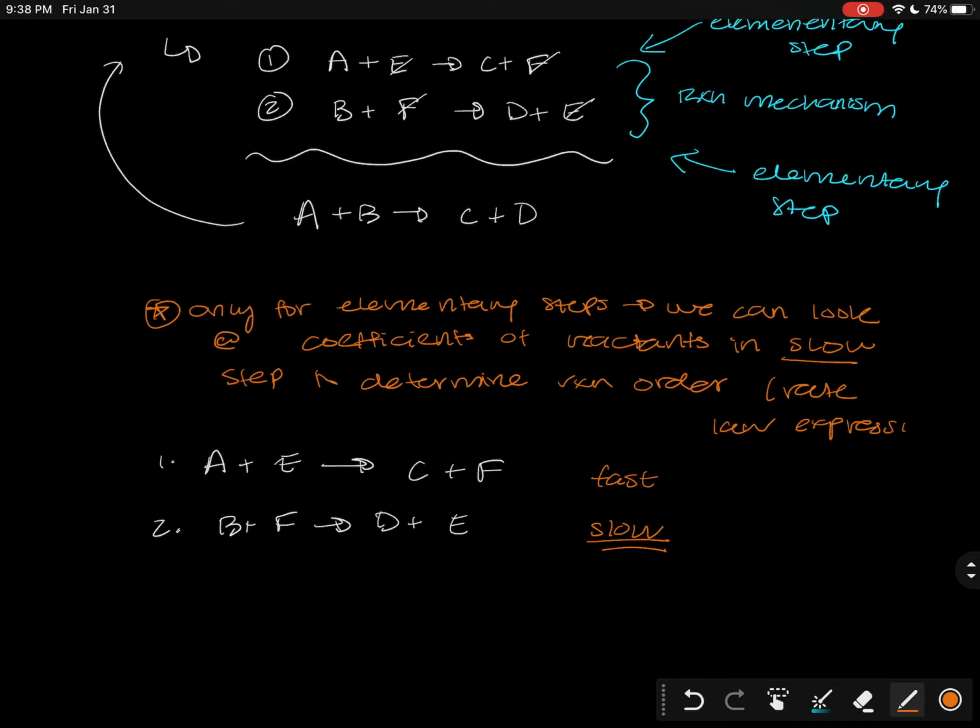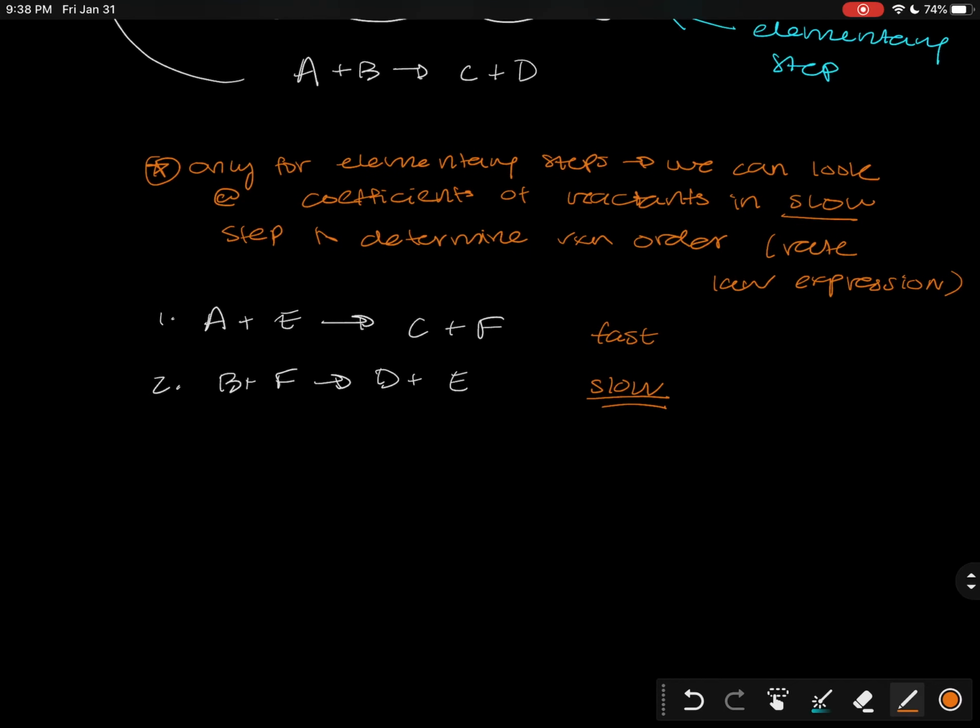Okay, so this concept is really important because if you remember in the last video, I was talking about how you can never just look at the coefficients and assume what the rate law expression is going to look like, right? So if we were just given, say, A plus B goes to C plus D, and let's say it's a 2, we couldn't just say that rate equals A squared plus B, right?